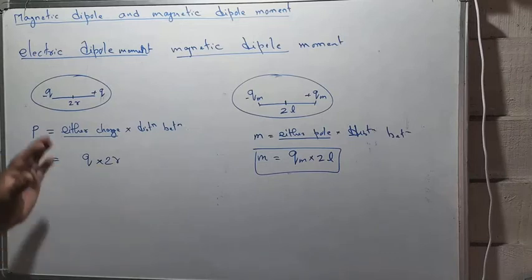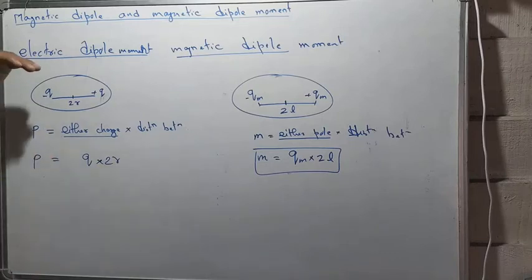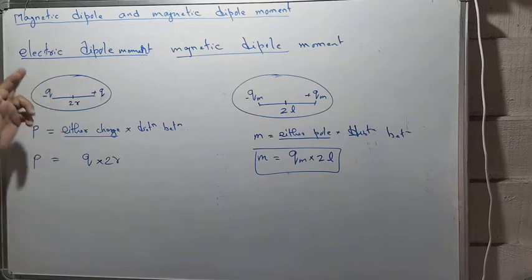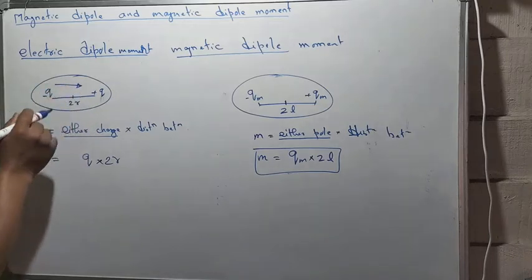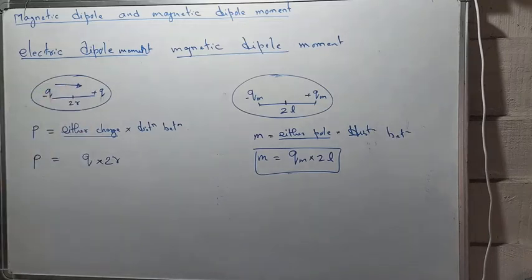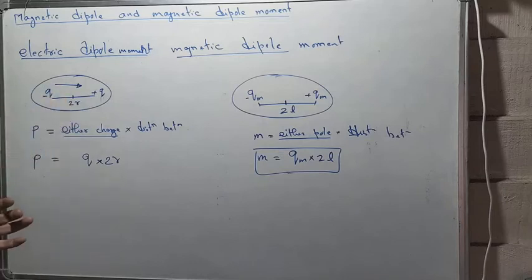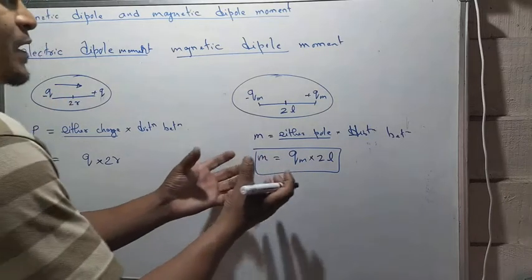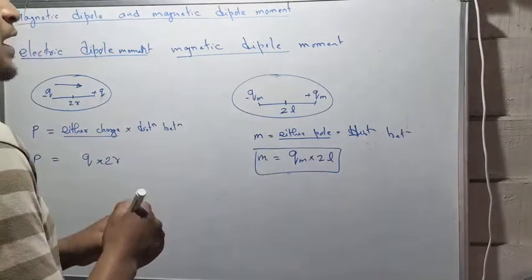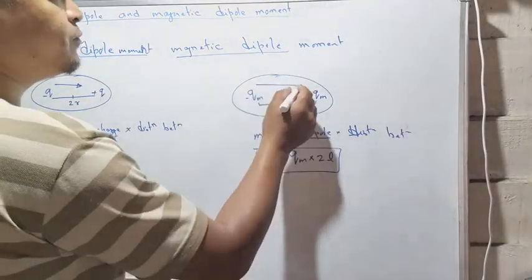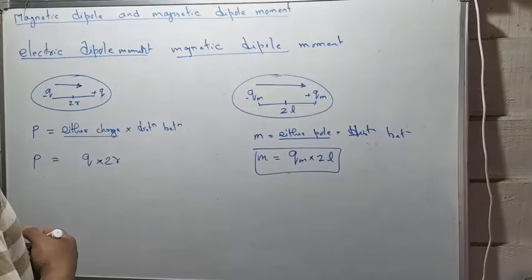And in electrostatics, we know that the direction of the electric dipole moment is directed from minus to plus, from minus Q to plus Q. Here, this magnetic dipole moment should be directed from minus Qm to plus Qm.